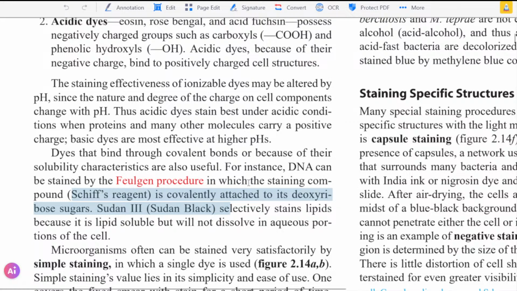They are saying that DNA can be stained by covalent dyes, for example by the Feulgen procedure. It's a procedure by which DNA is stained by these covalent bond forming dyes. Here a staining compound, the Schiff's reagent, attaches to the deoxyribose sugar.